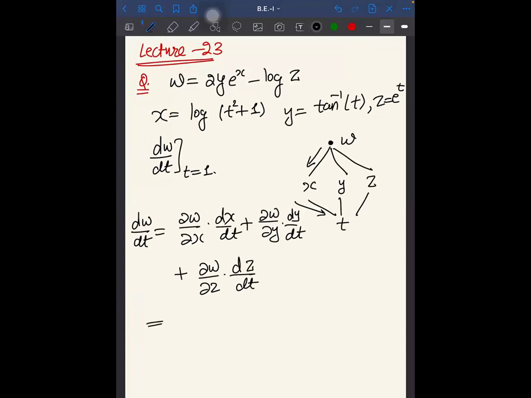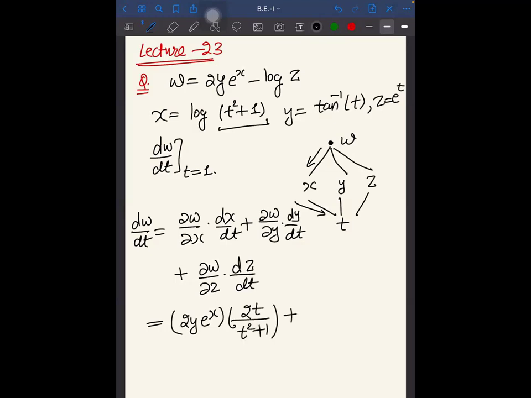So let's put the values of this. Curly w upon curly x: if you differentiate with respect to x only, you'll get 2yex, into dx by dt. So this is your dx by dt, that would be 2t upon t square plus 1.